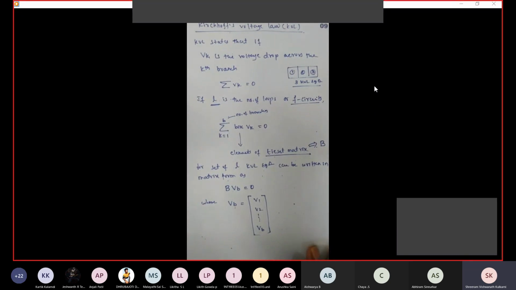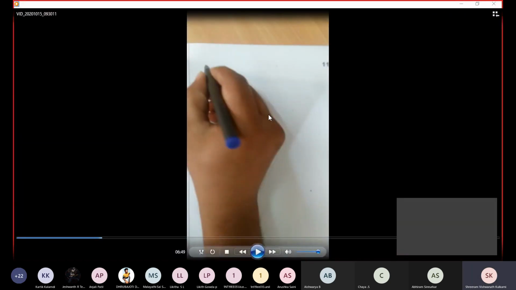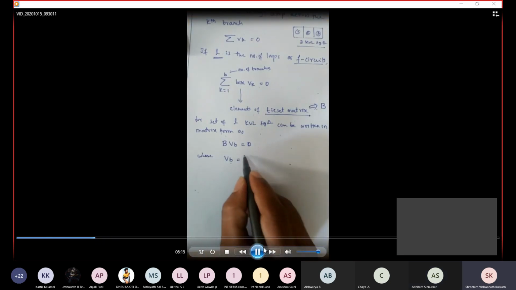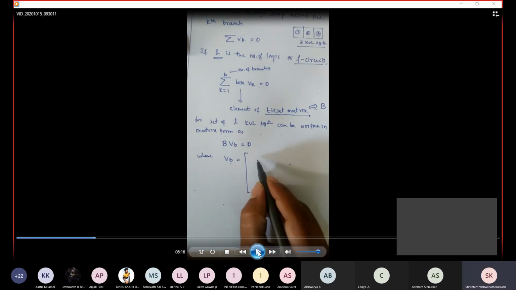This is the basic of Kirchhoff's voltage law. Any doubt in that? Sir, open that screen once. Column matrix, where? This one, right?